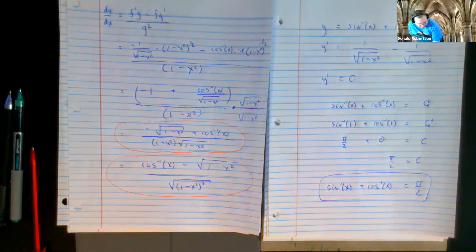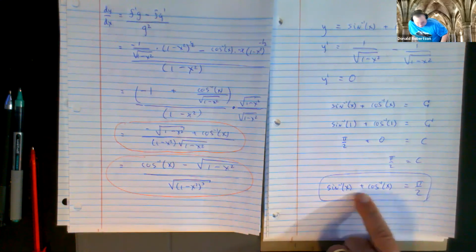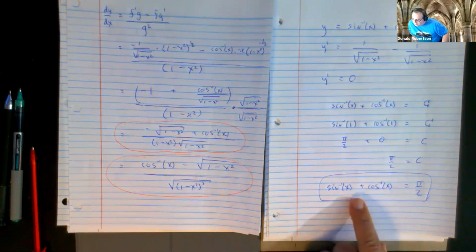It's not one of those sine squared plus cos squared equals 1 that you're actually going to probably use. But it's kind of cool that you can use calculus to come up with identities that nobody would maybe have ever thought about. I don't think you would have thought that that relationship was true, right?